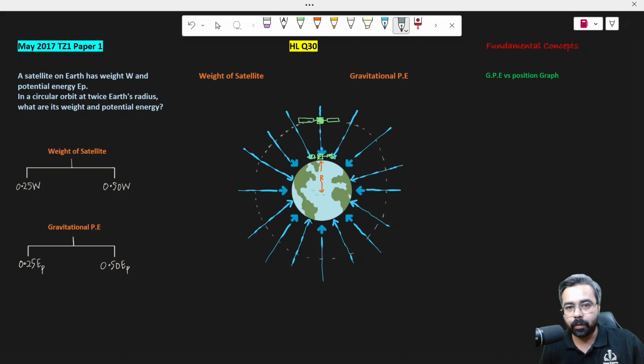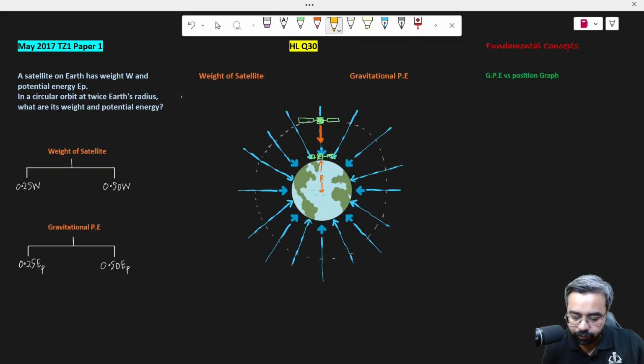Now speed will obviously change, time period will change. When it was orbiting very close to the Earth, it had a different time period. What is the weight, what is the force of gravity right at that point? With what force is the Earth still pulling it towards the center? That's what we have to calculate.